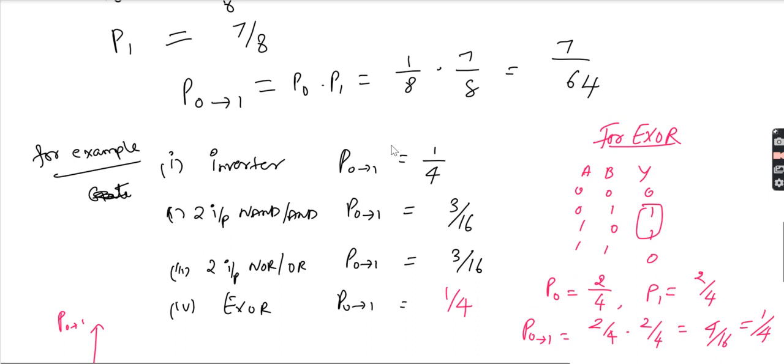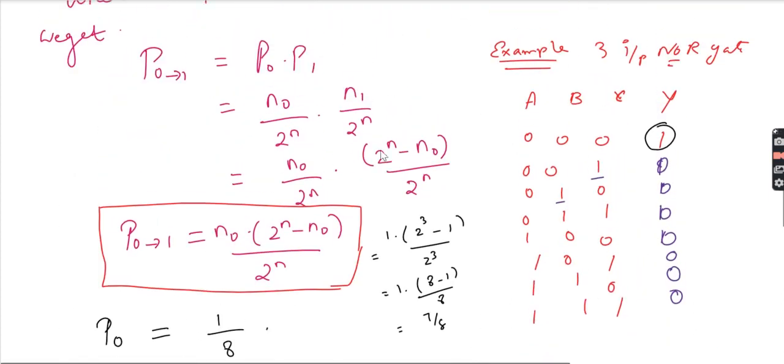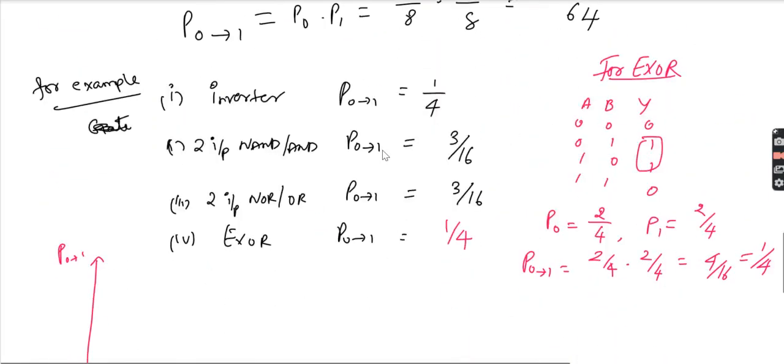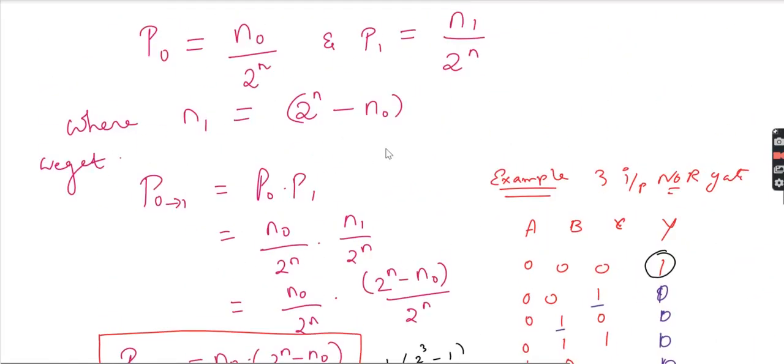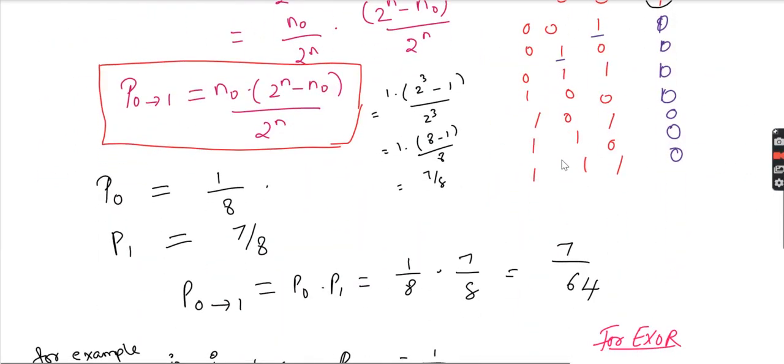Now you can see for a 2 input NAND gate or NOR gate, what is the probability I got here? For 2 inputs we got 3 by 16, and for 3 inputs we got 7 by 64. You can see what is happening: as the number of inputs increases, the switching activity is getting reduced.